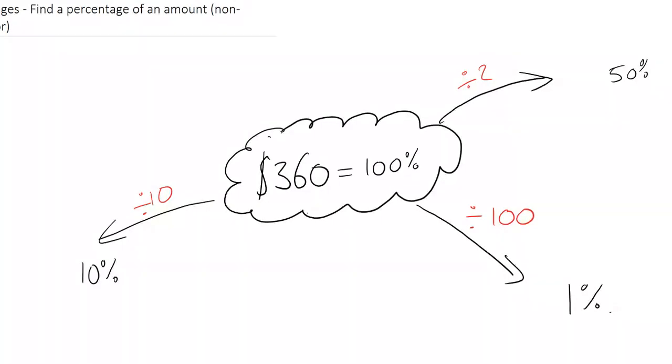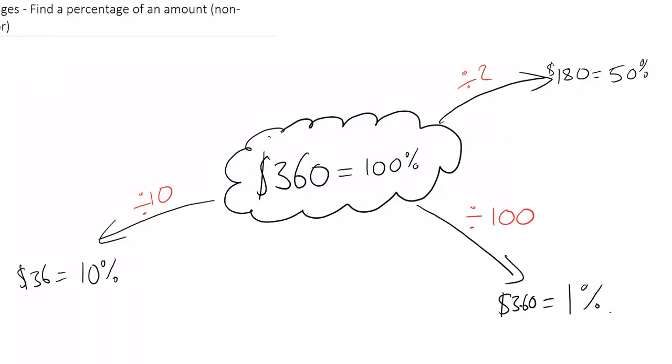So 360 divided by 2 is 180. So $180 is 50%. $36 is 10%, and $3.60 is 1%. Okay, now we've got those, we can build up different ideas to work out different amounts.